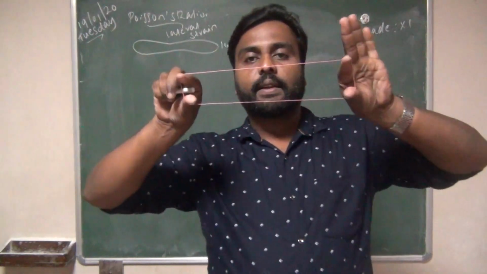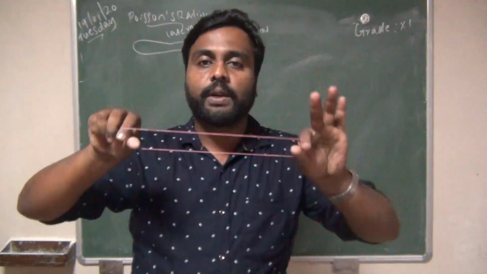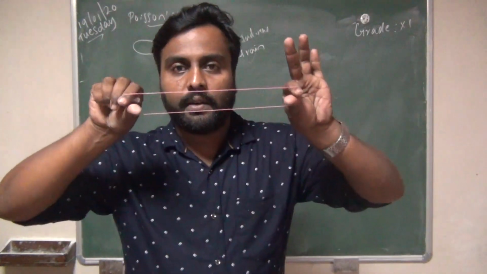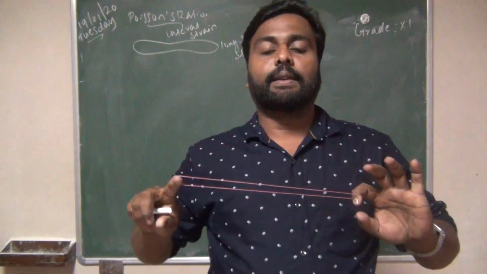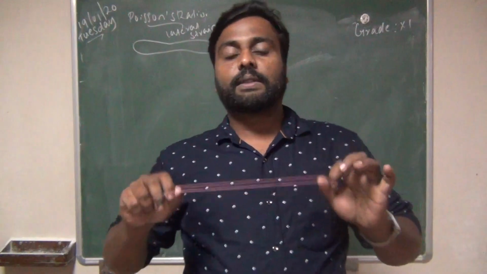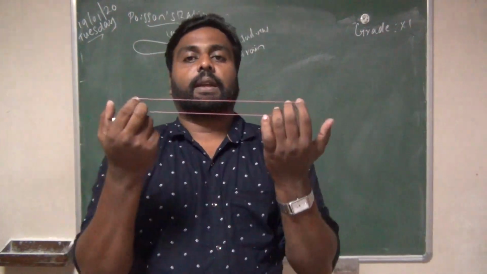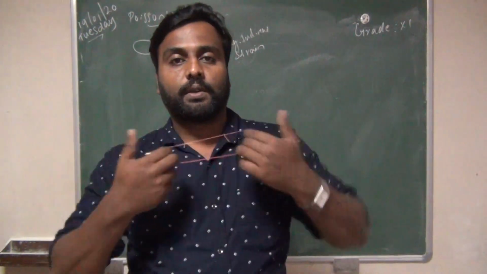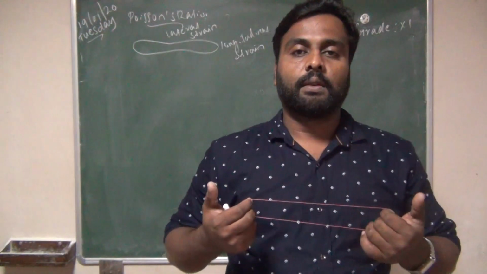So when the length increases, what happens to its diameter? Its diameter decreases. This is what happens in everyday life when we get a rubber band and do it like this.